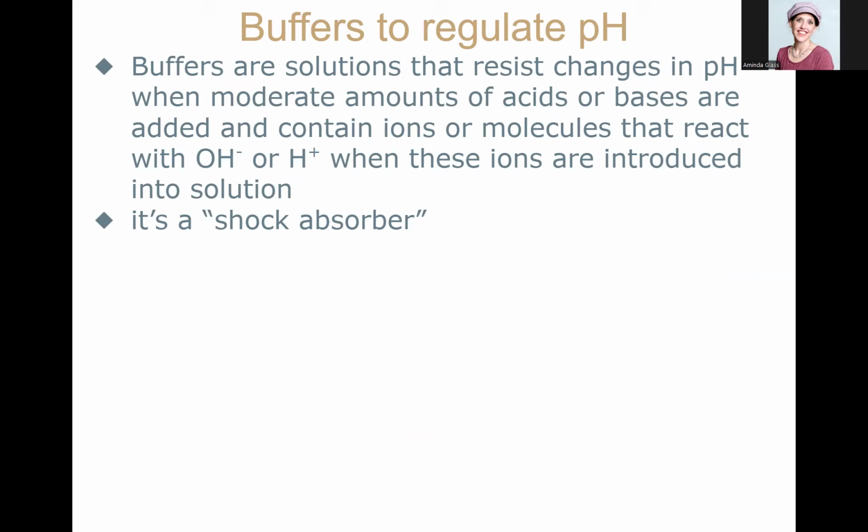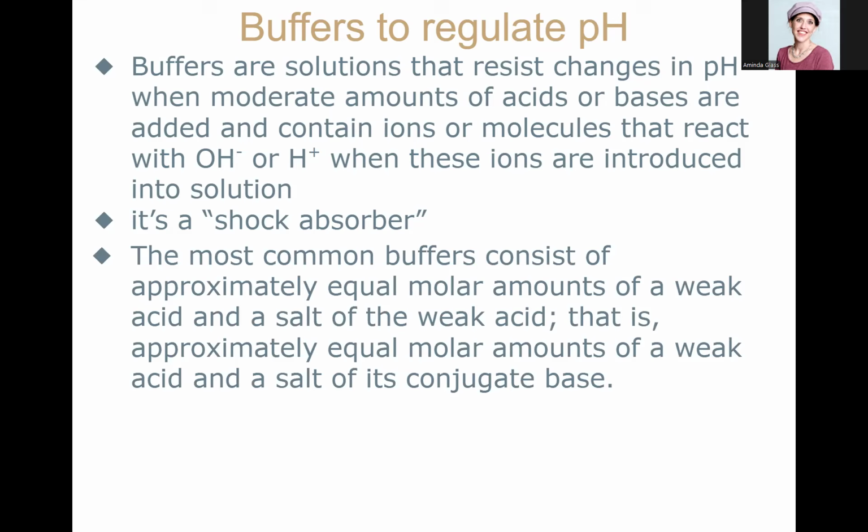So you can add more acid or base and they'll react to keep it at more or less the same pH that it was. It's like, all right, yes, you can add more, and I'll adjust the system, but they only have a certain capacity. They can only handle so much before you have a significant pH change.